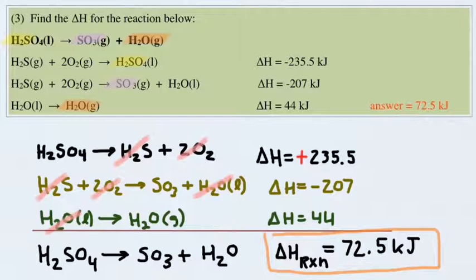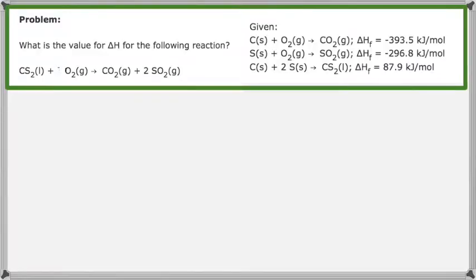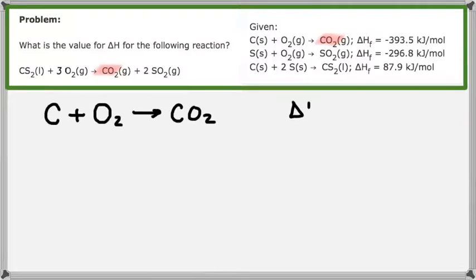Alright, so we'll take a look at another example, a little bit more complex. In this case, we have some carbon disulfide, reacts with oxygen gas and produces carbon dioxide and some sulfur dioxide. We have three reactions that we're going to try to show equal that. First of all, in the first reaction, we have carbon dioxide, which is in the correct spot as a product.